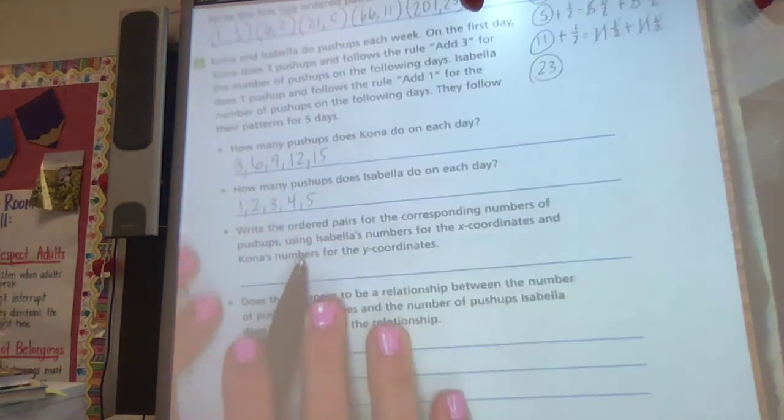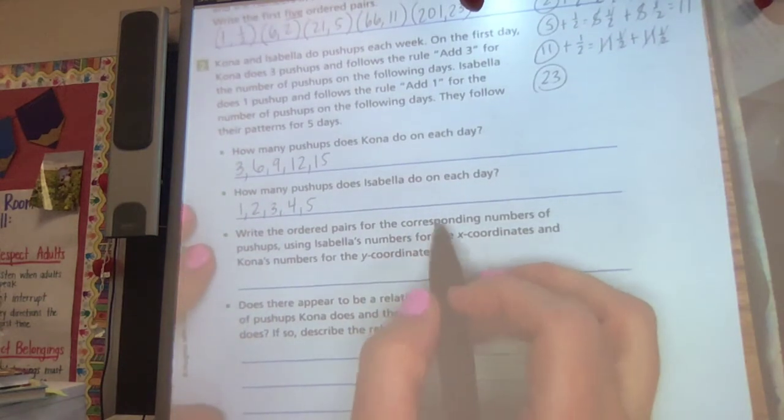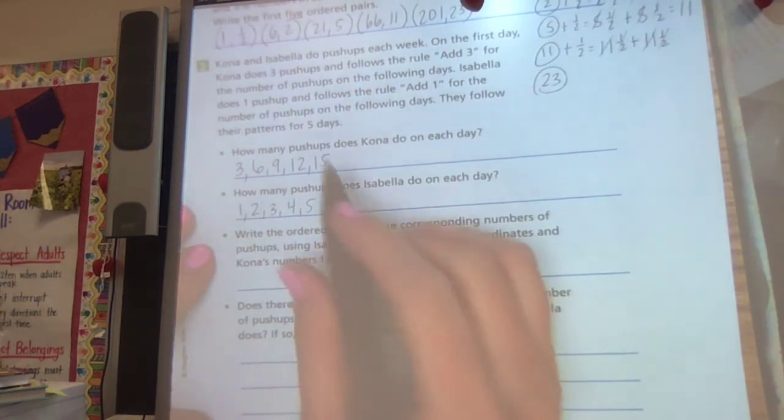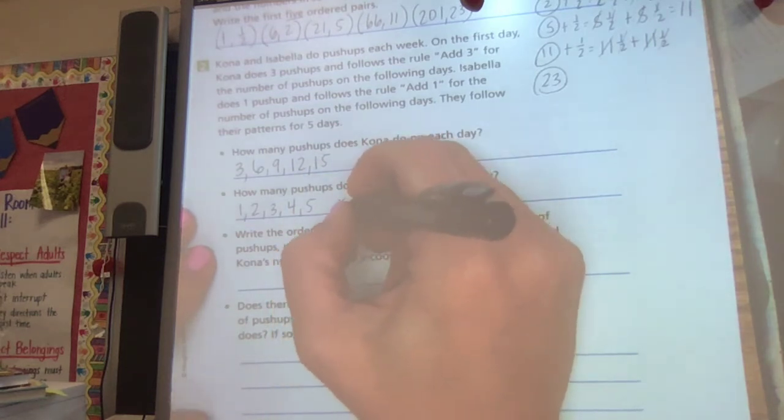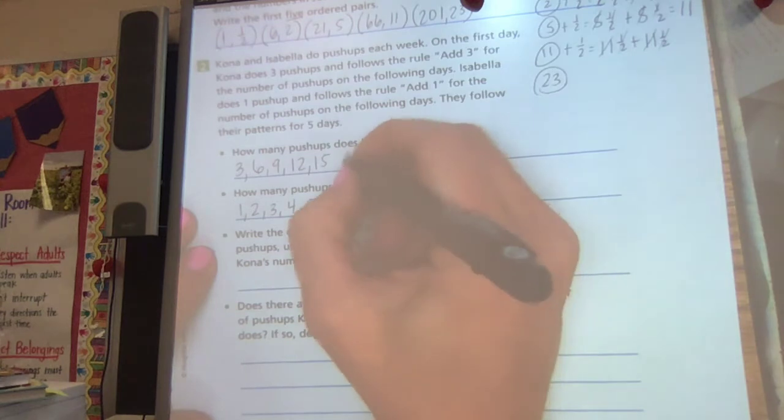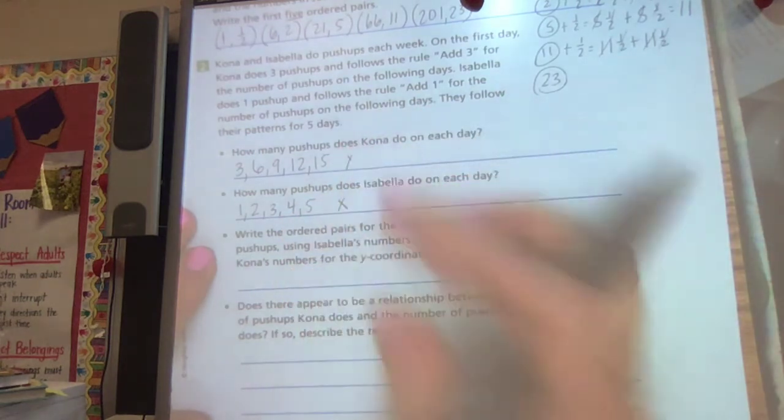Write the ordered pairs for the corresponding numbers of push-ups. Isabella is X and Kona is Y. So make sure we put those in the right order.